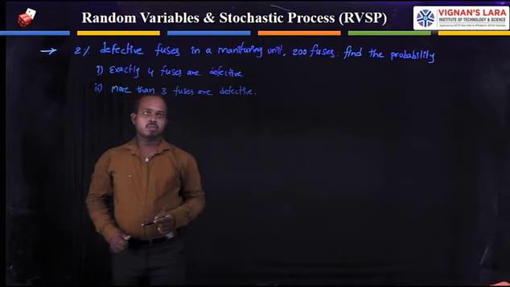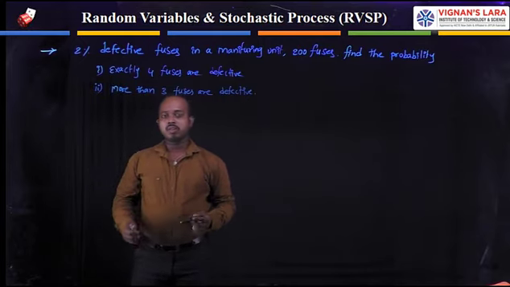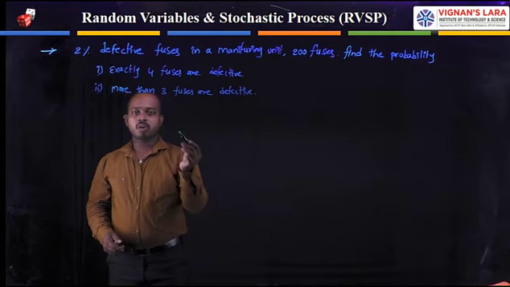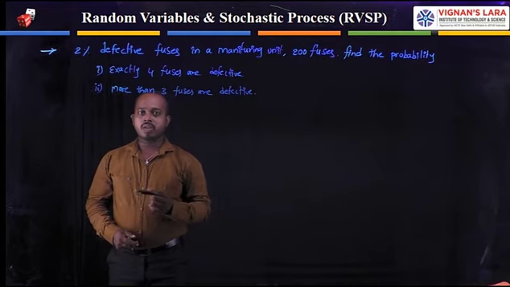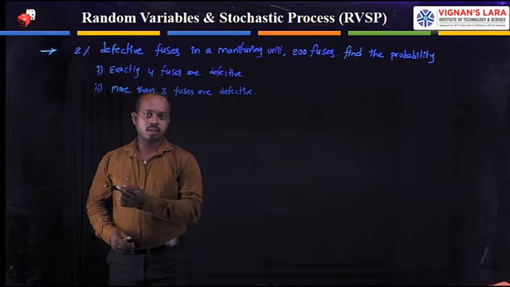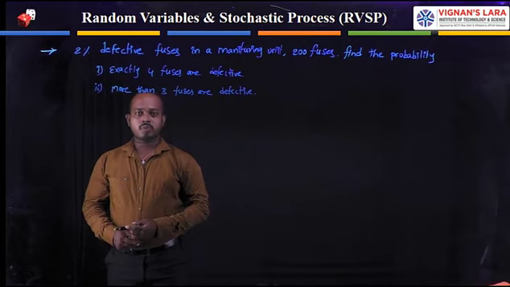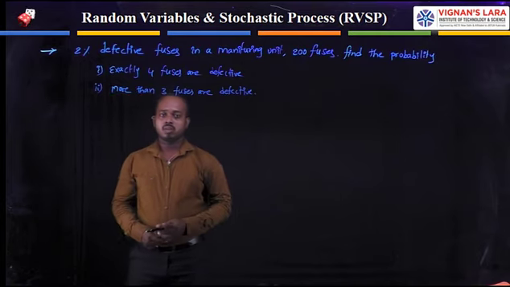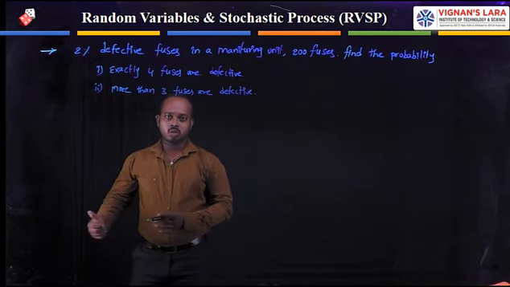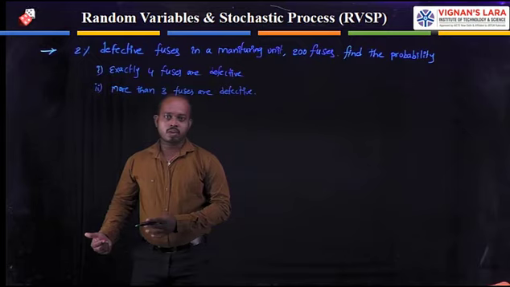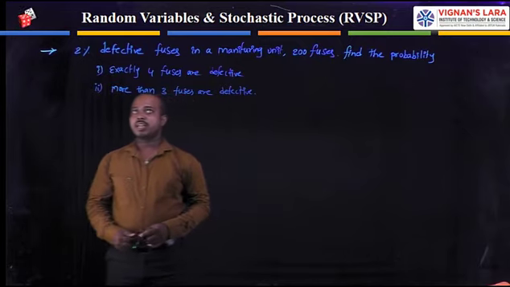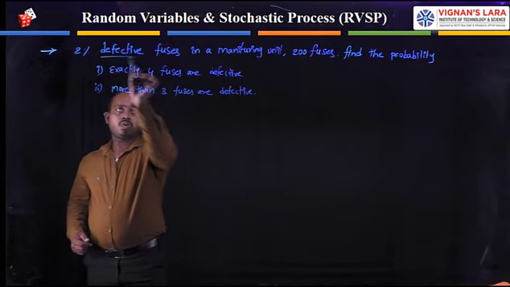Some of the problems are in this model, and here is how to simplify them. First of all, identify which type the given problem belongs to, either a discrete random variable or a continuous random variable. Now see what data is given: defective fuses.